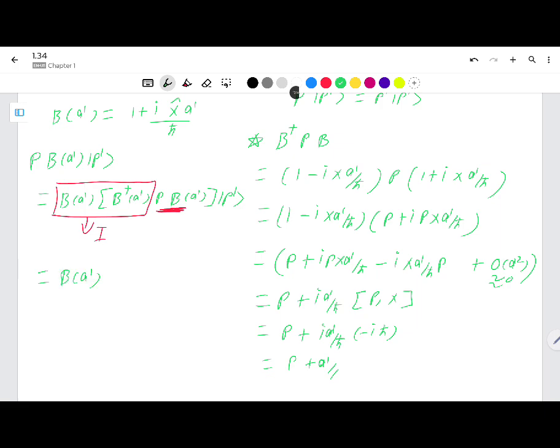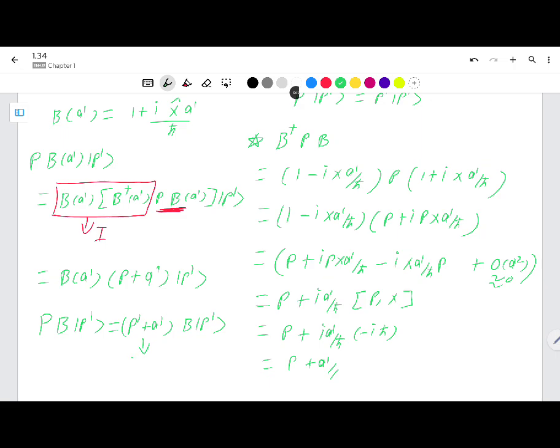we have derived this relation and it gives us P plus A prime times P prime. So the momentum operator P times P prime is P prime plus A prime minus B operator P prime.